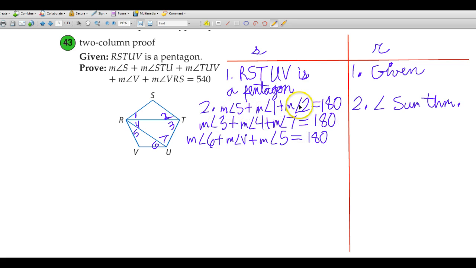So S plus 1 plus 2 plus 3 plus 4 plus 7 plus 6 plus V plus 5 is equal to 180 plus 180 plus 180, or 540.